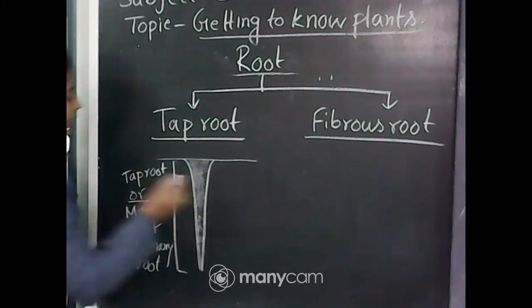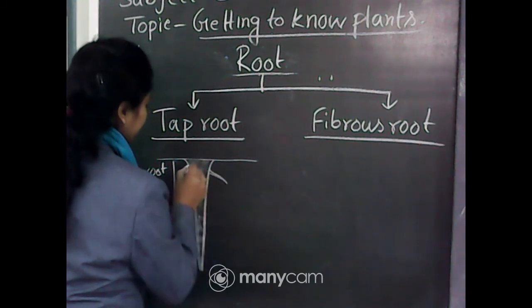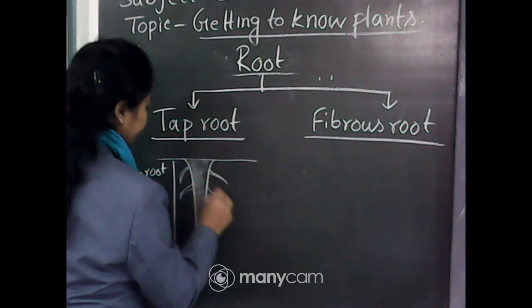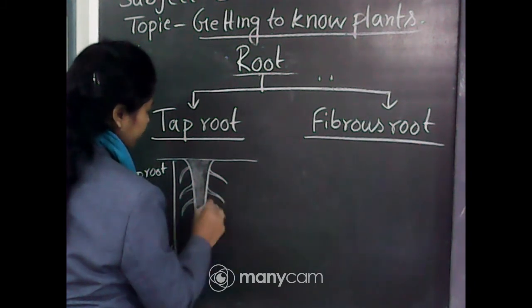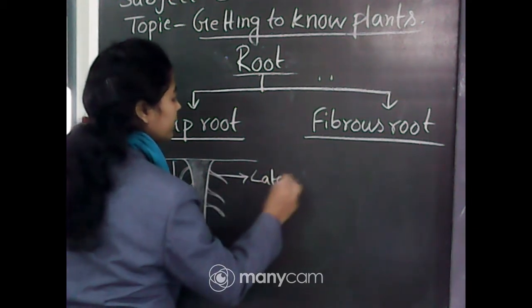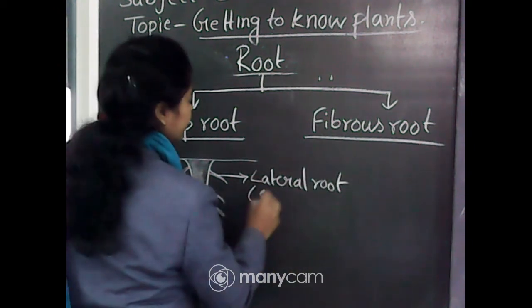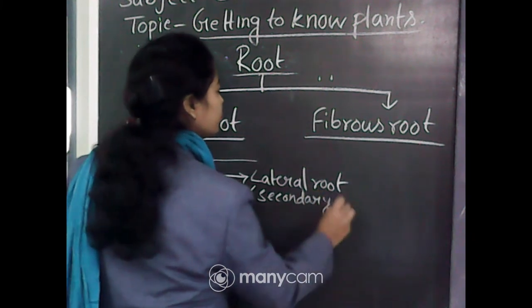Now there are some branches arising from the main root. They are called lateral roots, or secondary roots.